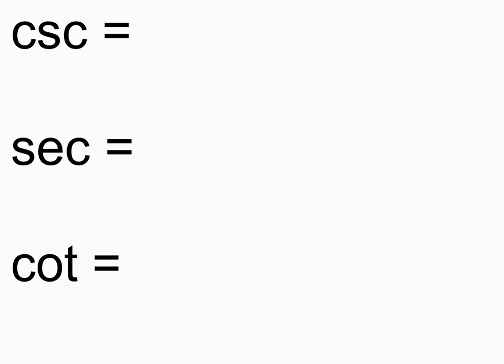Cosecant is the reciprocal of sine, so it's 1 over sine. Secant is the reciprocal of cosine, so it's 1 over cosine. And cotangent, you guessed it, is 1 over tangent.